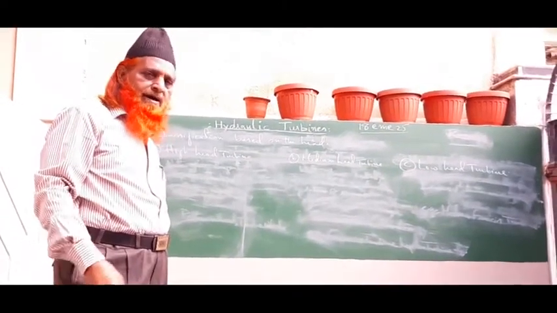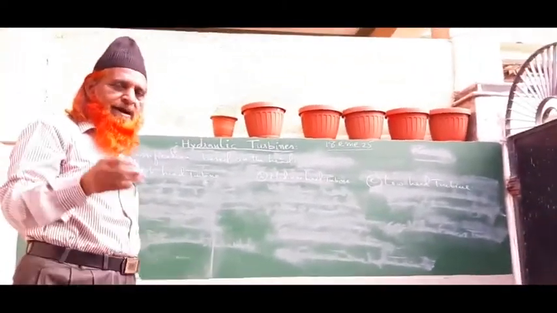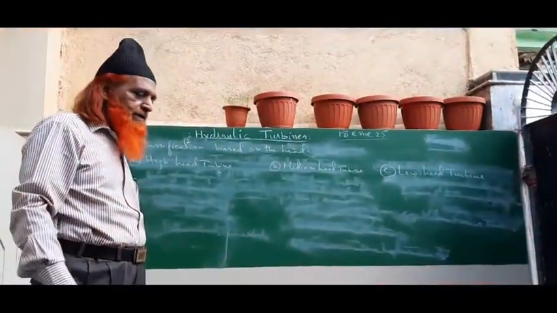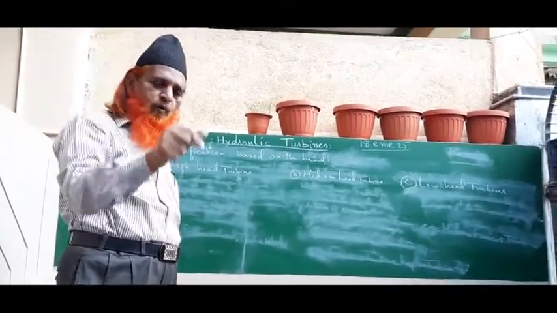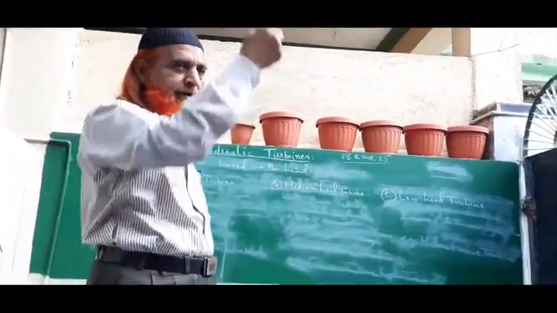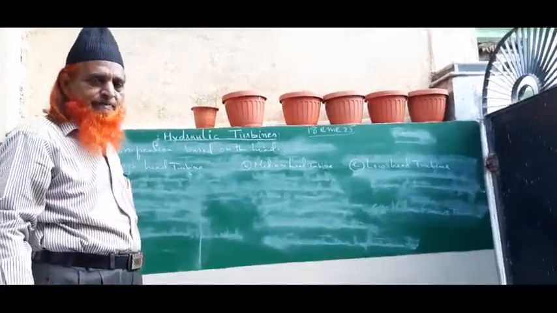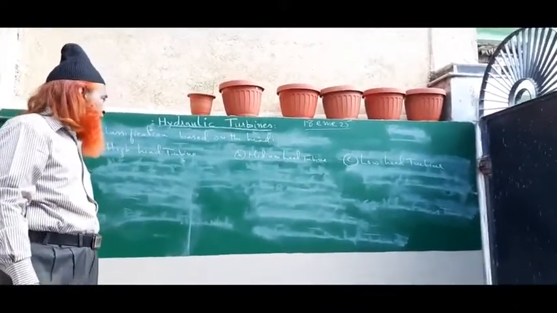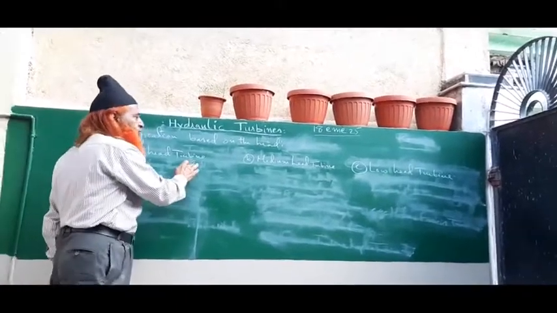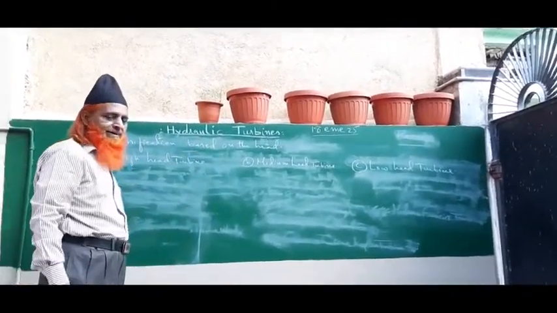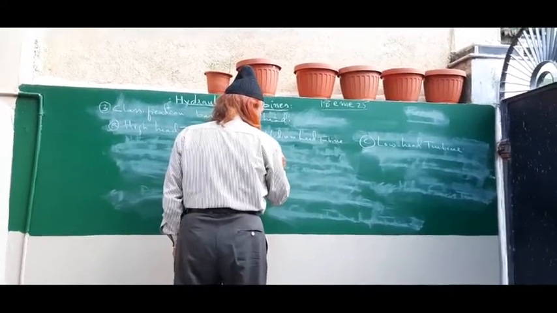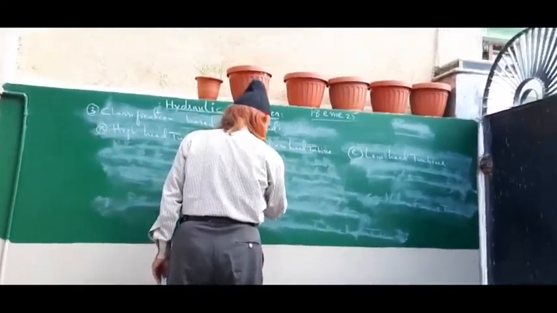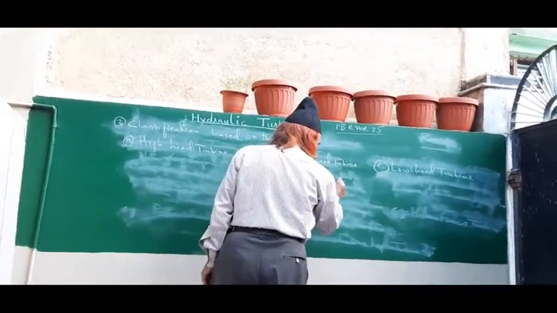Okay, the more details of the head we don't discuss here. That head means how high the dam is being constructed and how low the turbine is put, so that the total head we can have the measure. Okay, if we say medium head turbine, actually it will be taken 50-meter head to 250-meter head.